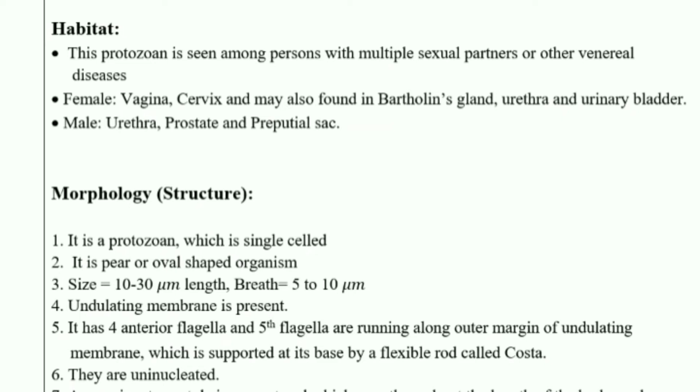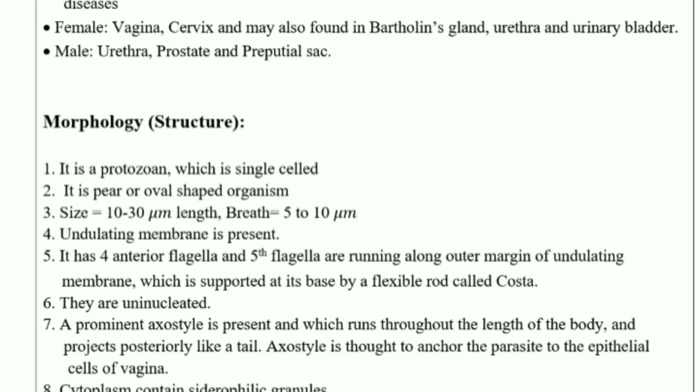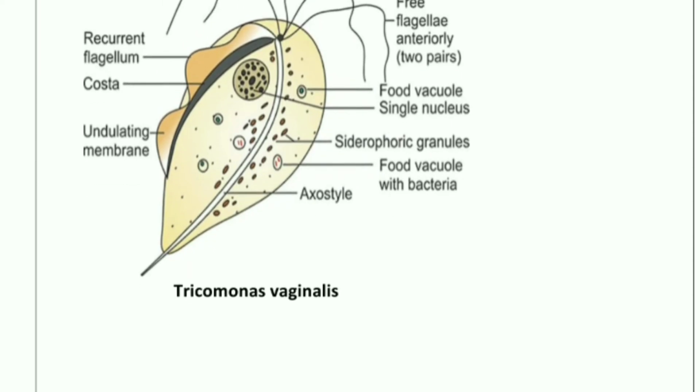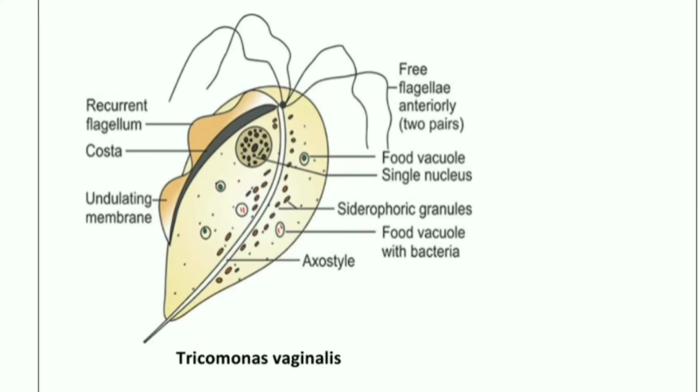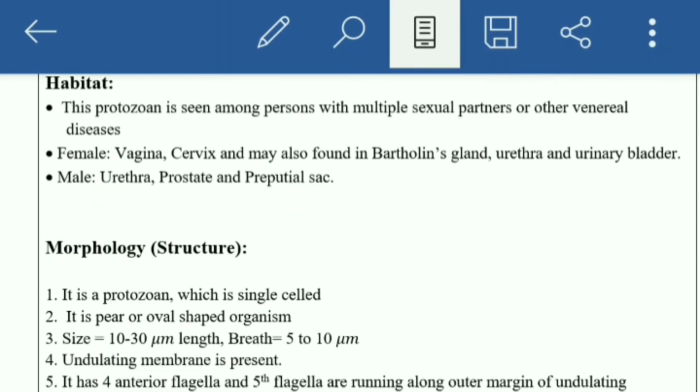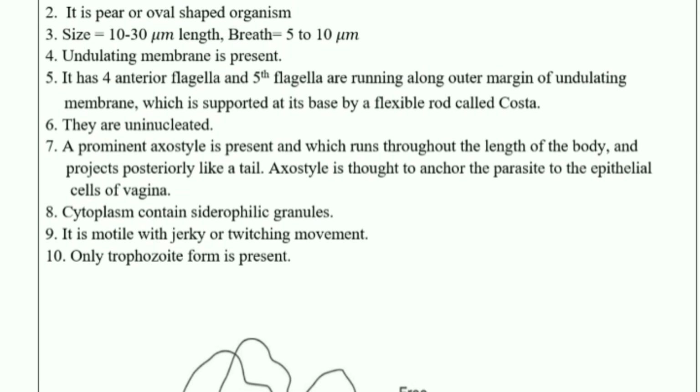Now we will move on to the morphology of Trichomonas vaginalis. You can look at the diagram which I explained before. When you look at this diagram, you can say that it is roughly pear or oval in shape. In size it is about 10 to 30 micrometers in length and about 5 to 10 micrometers in breadth.